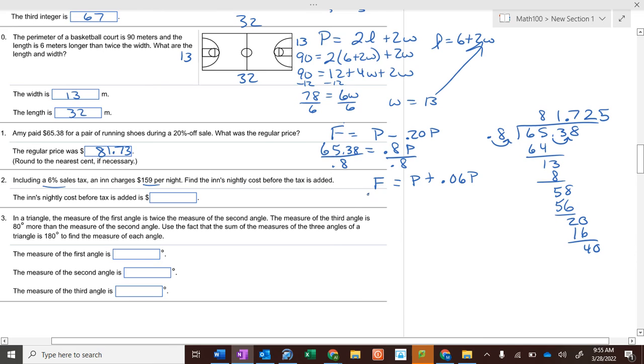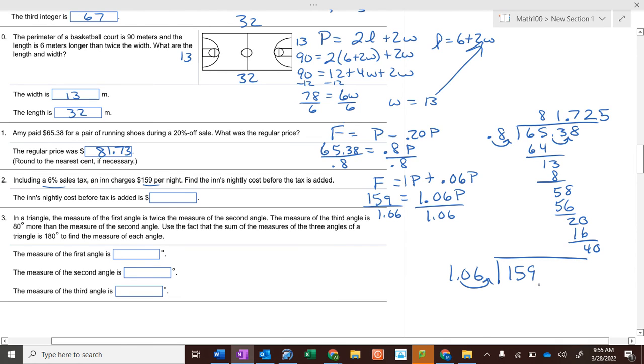So the final price, 159, equals, what's 1 plus 0.06? 1.06 times the price. So we divide by 1.06. So we take 159 divided by 1.06.